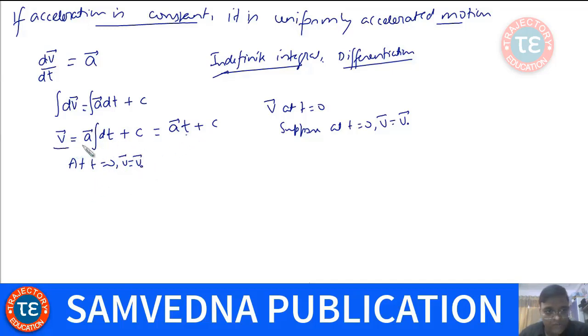So putting this in this equation, what do you get? You get c equals v naught. C can be a vector constant. So this v is v naught plus at, right? V is v naught plus at.